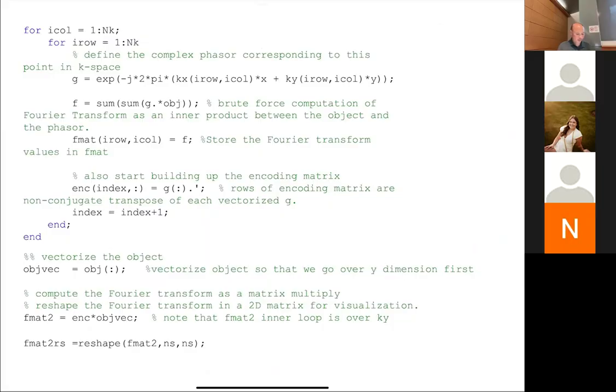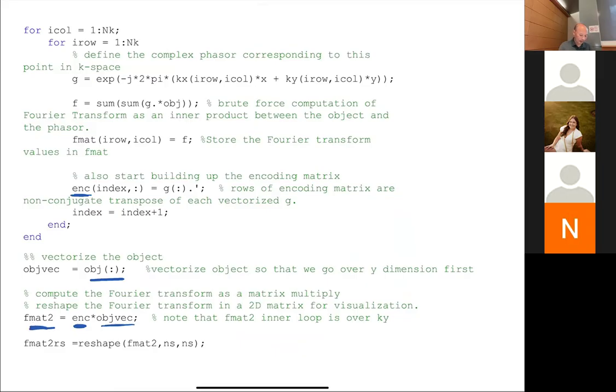Okay, so this is just some code to walk you through how that might actually look. So essentially, you can see here I'm taking my object and vectorizing it. Okay. And here you can look at this in your ledger if you're interested, but here I'm building up that encoding matrix. And so here I'm taking my encoding matrix and multiplying it by my vectorized object.